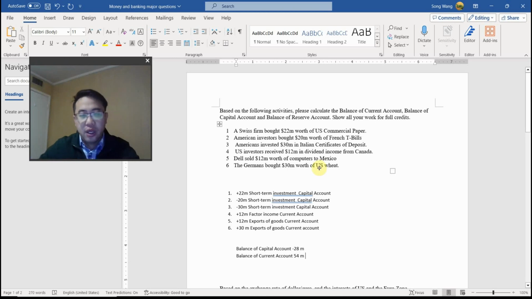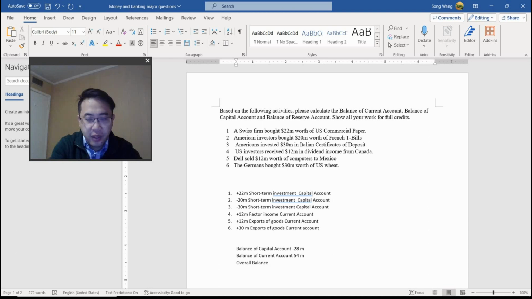So if we do all this together, you can see that the overall balance is 26 mil. And you see the 3 numbers should add up to 0.